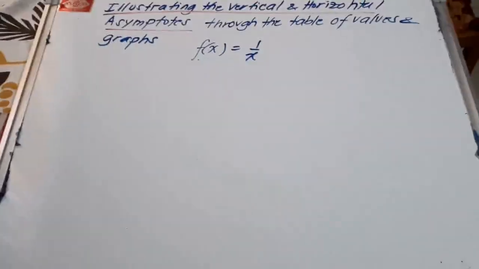Now, as mentioned from the previous videos or previous topics natin about rational function, a rational function is not defined at certain values of x for which the denominator equals 0. Pansin ninyo, dun sa mga previous videos natin, kinukuha natin yung restrictions of x.